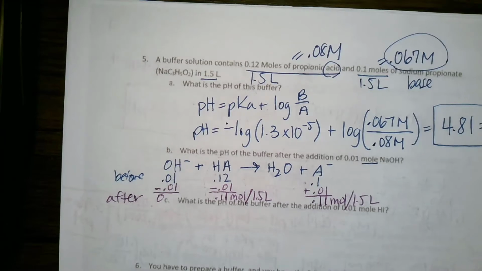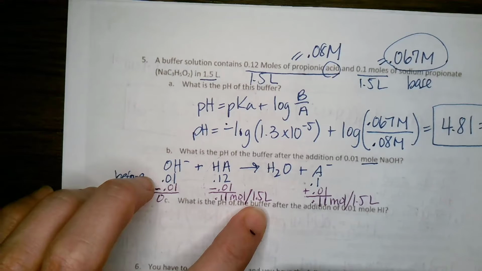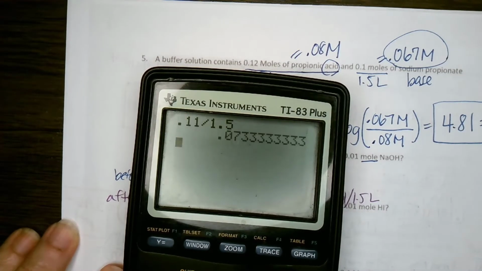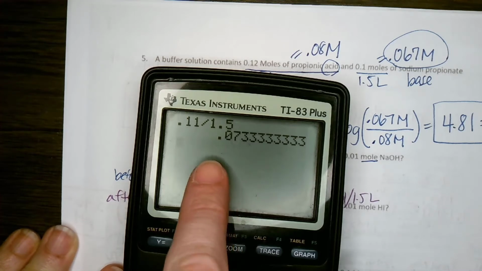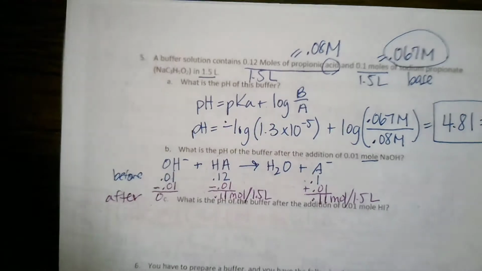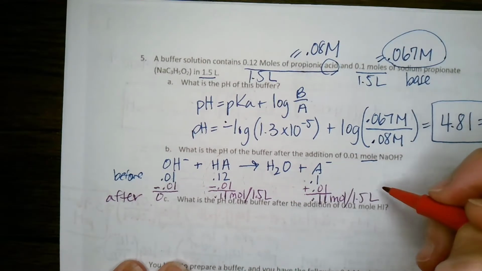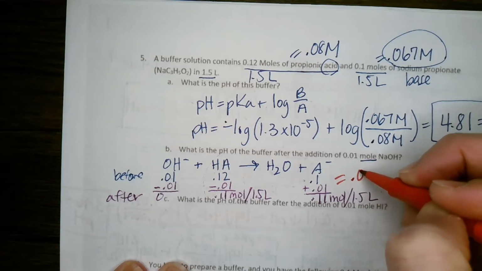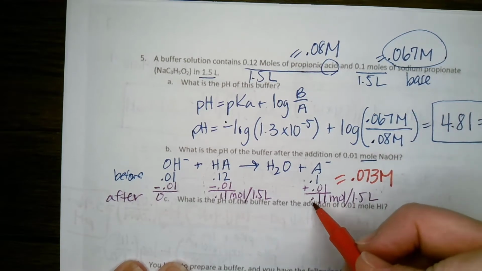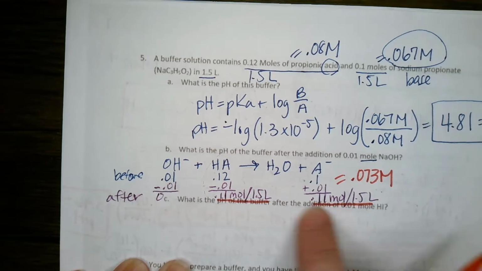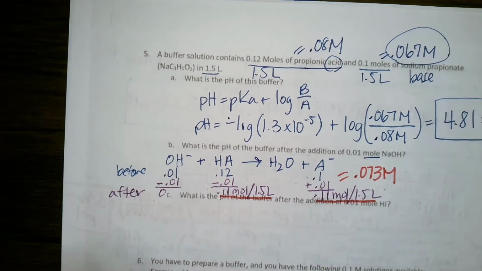Okay, so let's find those concentrations now. All right, so 0.11 divided by 1.5 gives me a concentration of 0.073. I'm going to write that here. And it's the same concentration for both of these, 0.11 divided by 1.5. So both of these will have the same concentration. So I'm just going to write it once since I don't have very much room.